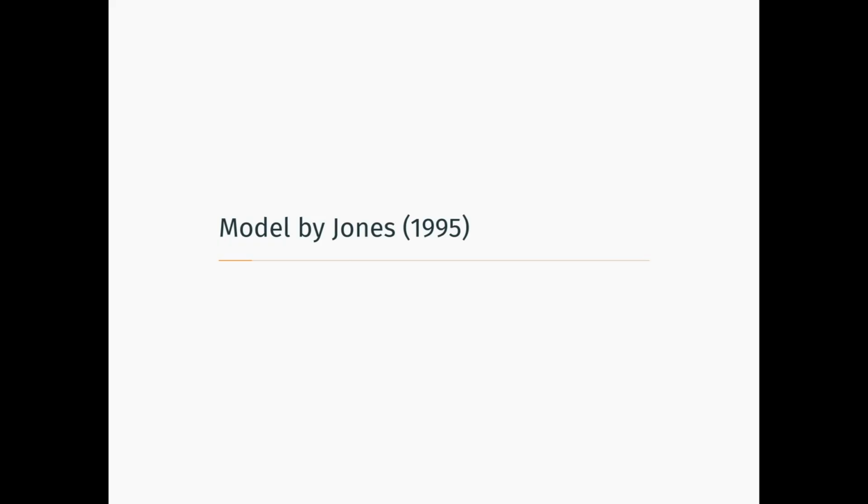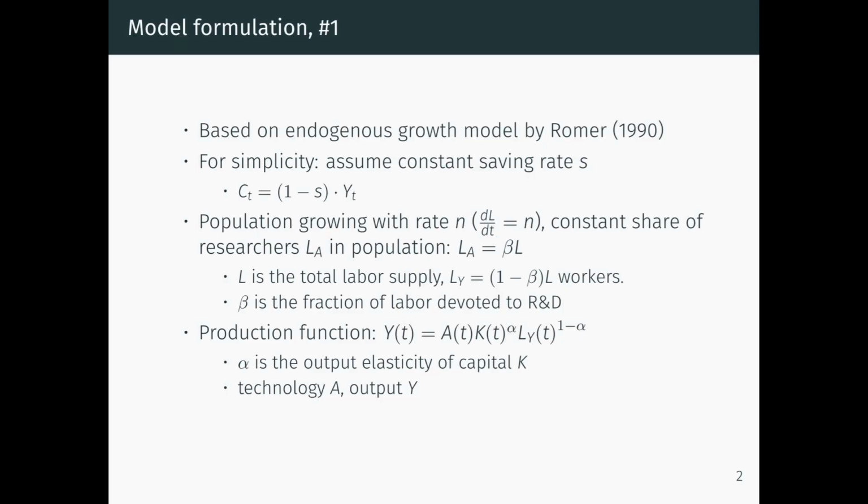Now, assuming you have a pretty decent knowledge about the Jones semi-endogenous growth model, I'll briefly talk about the details that are important for our implementation. So the semi-endogenous growth model is based on the endogenous growth model by Romer from 1990.